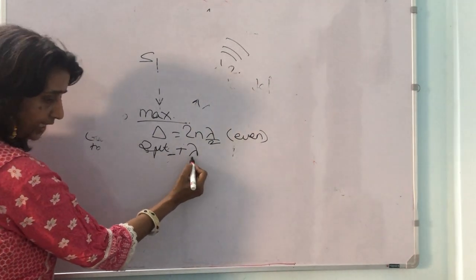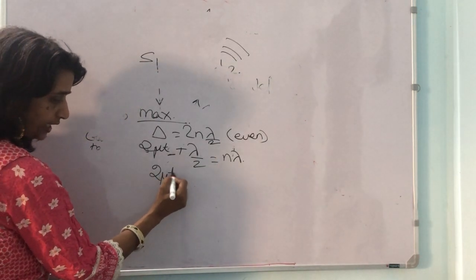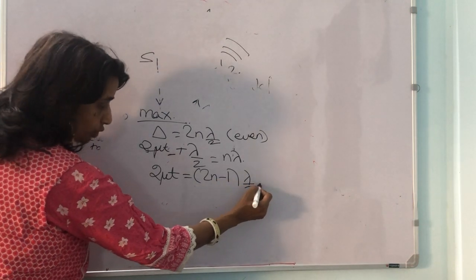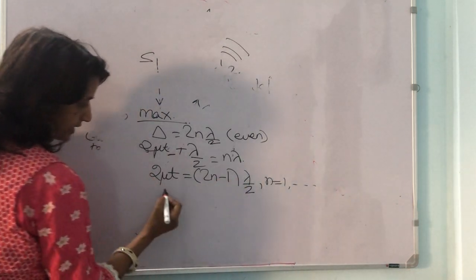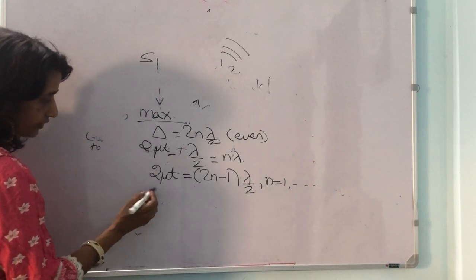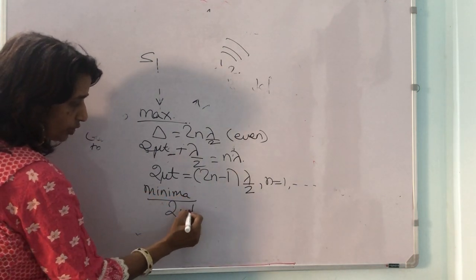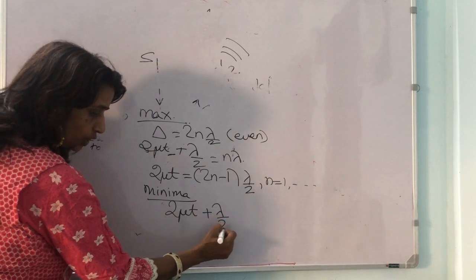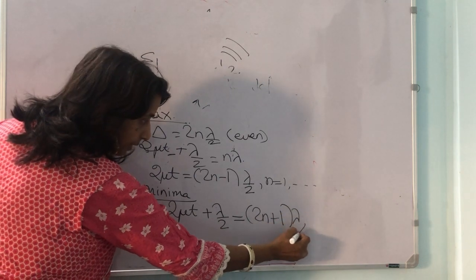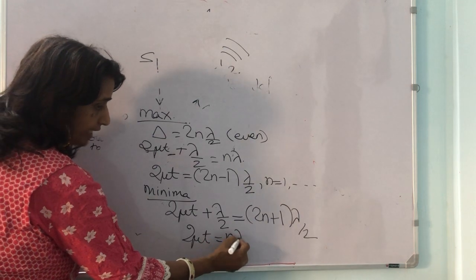So 2 mu t plus lambda by 2 is equal to n lambda, so 2 mu t is equal to (2n minus 1) lambda by 2, where n is 1, 2, 3, etc. And for destructive interference or minima, 2 mu t plus lambda by 2 is equal to (2n plus 1) lambda by 2, that is, 2 mu t equal to n lambda.